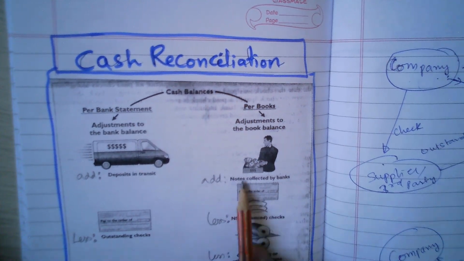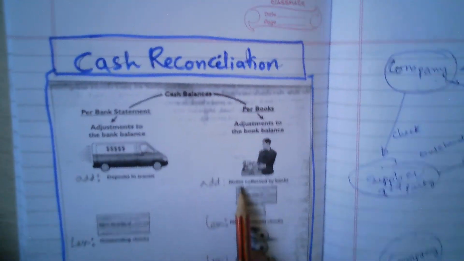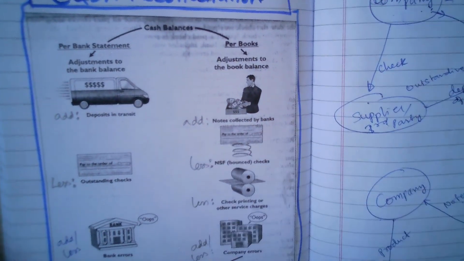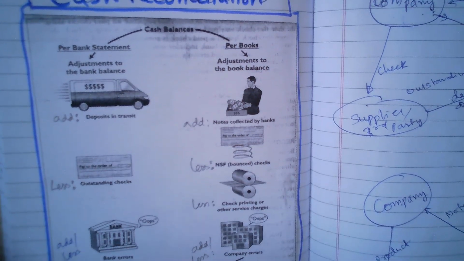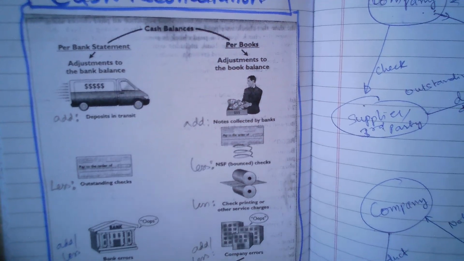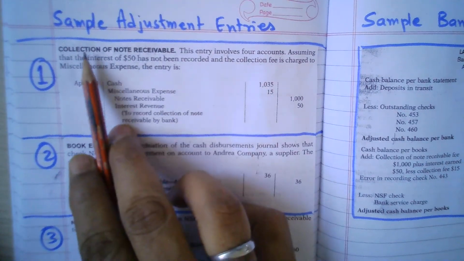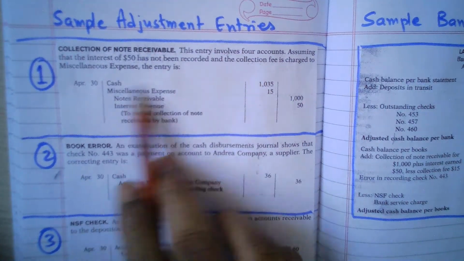When a bank collects some money from your customers, the bank will inform the company that your notes have been collected and I have updated the bank account balance. At your end you also update your cash account. That is the message. That is why you see collection of note receivable.